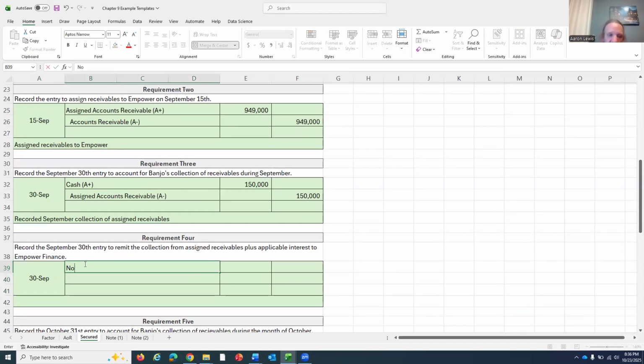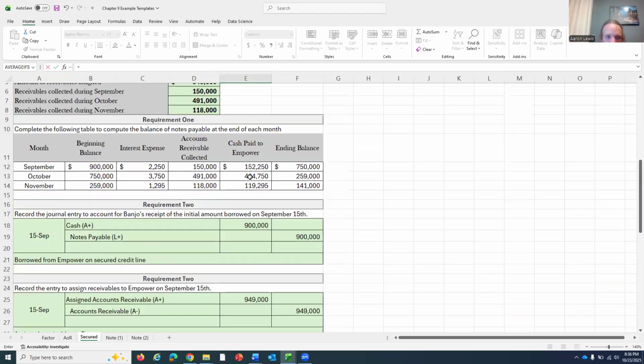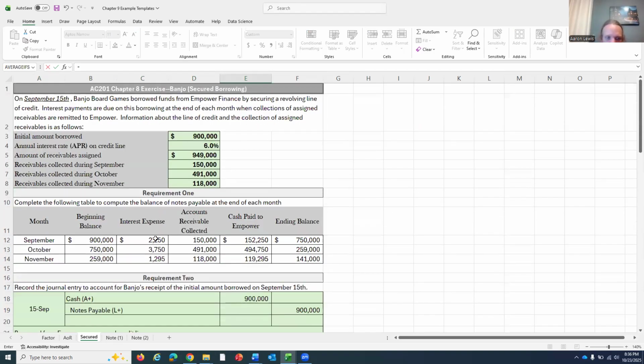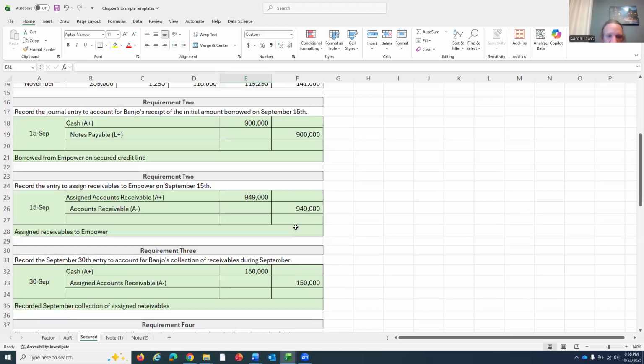One is notes payable for the amount that our principal balance is going down by, the amount of assigned receivables that we are transferring to our other party, which we know to be 150,000. Then we're going to have a second debit to interest expense for the interest charge that we have to pay on top of the amount of money that we're transferring over from the collection of receivables. Interest expense, according to our chart up here for September, was $2,250.